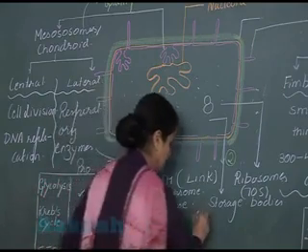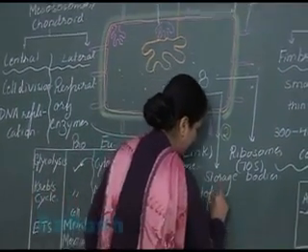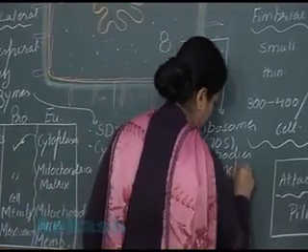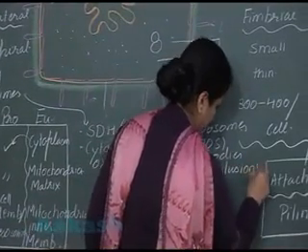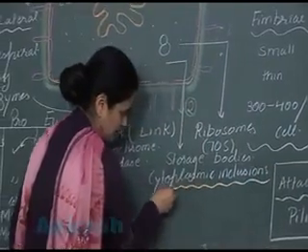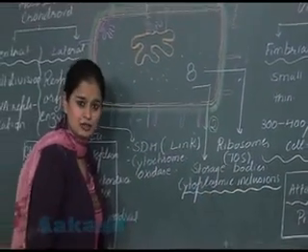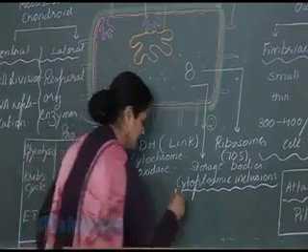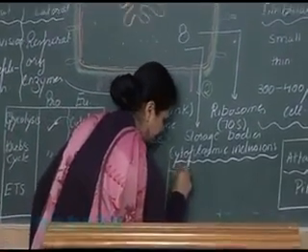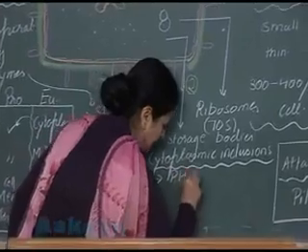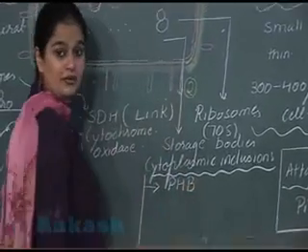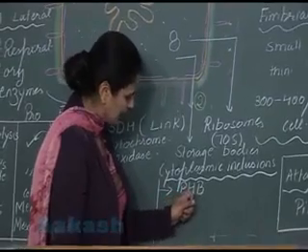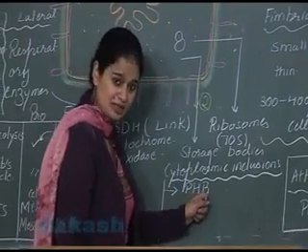These storage bodies are known as cytoplasmic inclusions. So I am going to write the name of a few storage bodies here. First one is PHB. Write the full form: polyhydroxybutyrate.